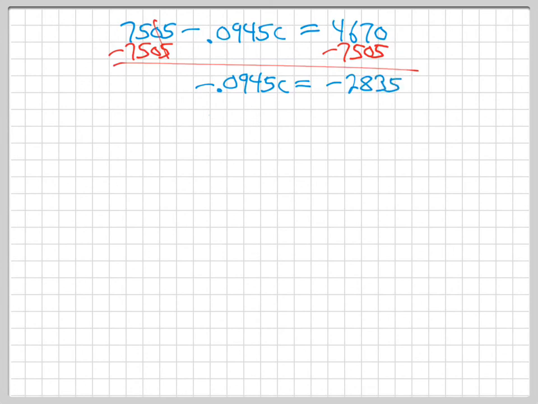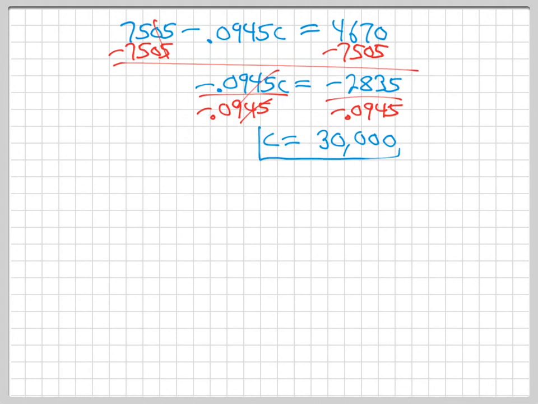Last step is divide by minus 0.0945, minus 0.0945. And we got a really nice clean answer, 30,000. That came out really nice. After all that mess, two negatives made a positive, 30,000.